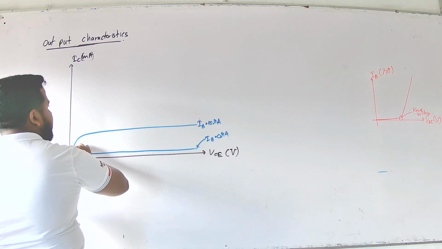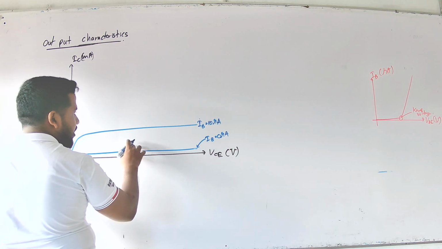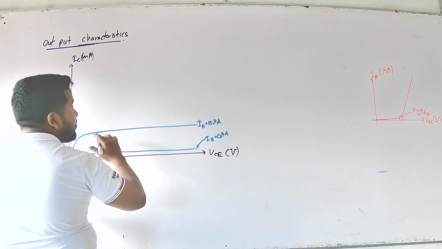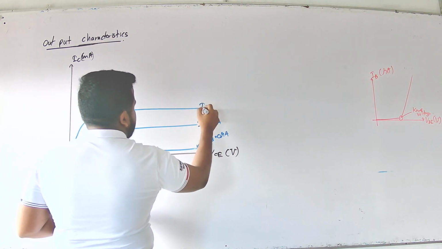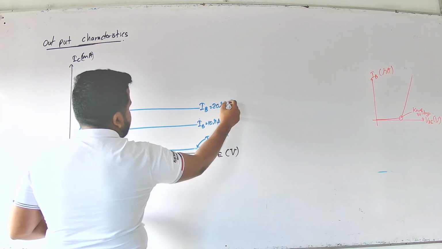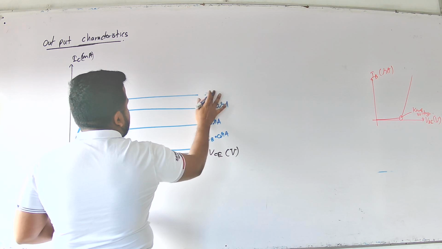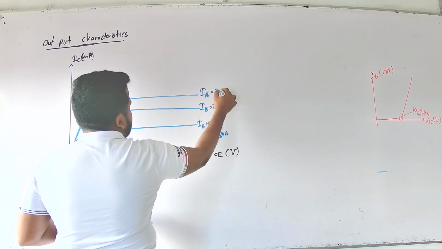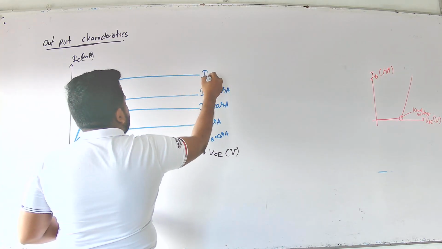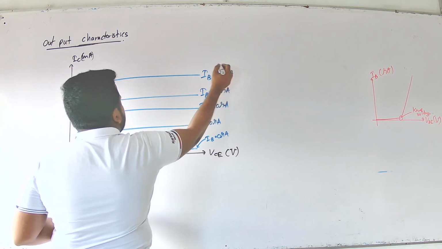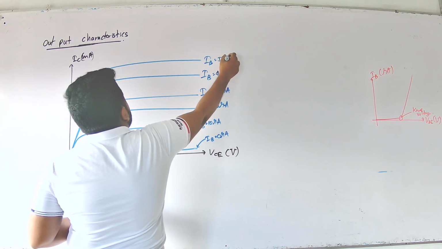Then when I change the R1, we change IB to 20 microamperes, then 30 microamperes, then 40 microamperes, then 50 microamperes.